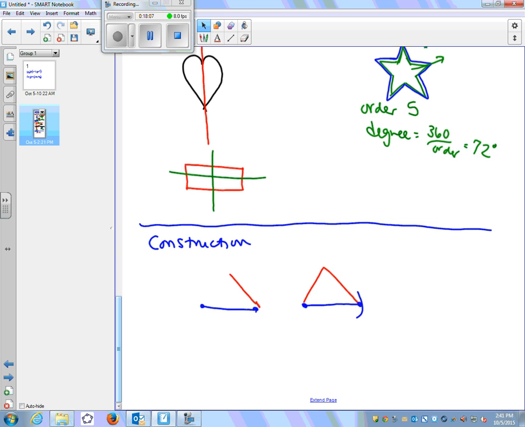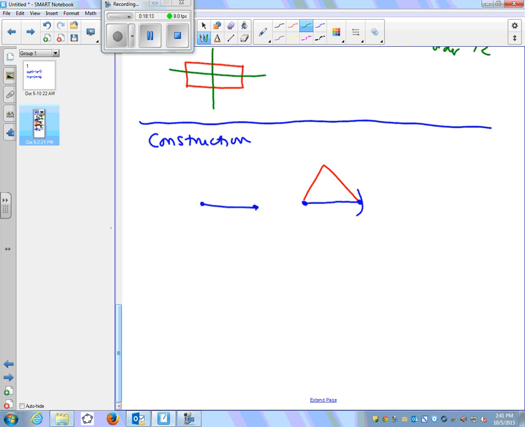We had problems where it was like, what if you wanted to have that segment plus this segment? So now I want a new segment to start, let's say, at point C, and I want it to be the length of AB plus DE.